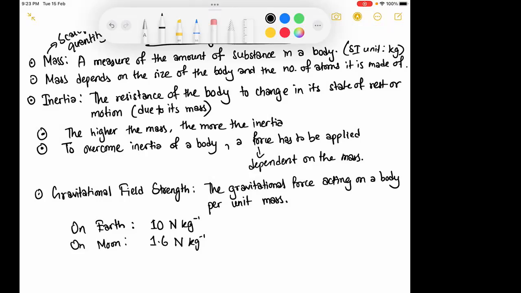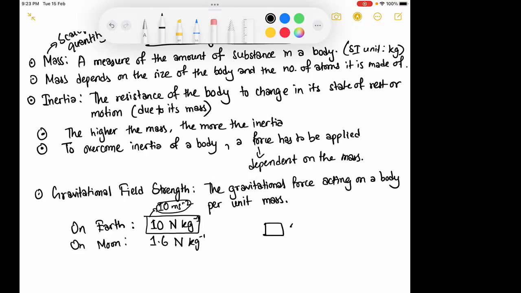Now, the question is, if we define gravitational field strength as 10 Newton per kilogram, why do we sometimes write it as 10 meter per second square? It's the acceleration, exactly, the gravitational acceleration. But they have the same value. Why?